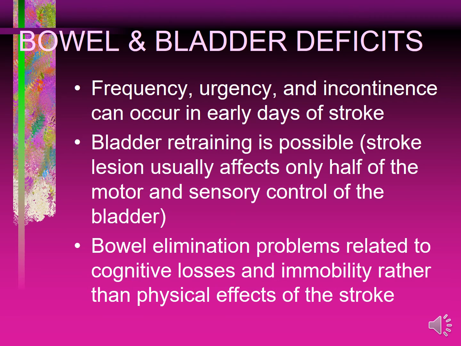And so when they go to rehab, their bladder can be retrained using the half of the bladder that is still functional. And so with special techniques and toileting them every so often, they can really regain that bladder control.